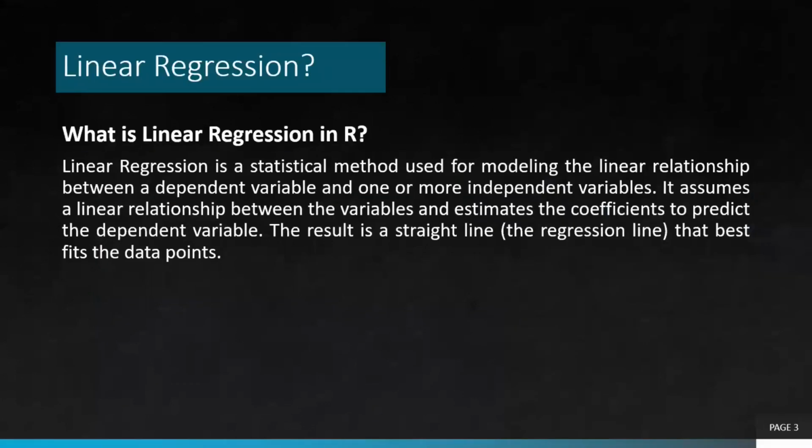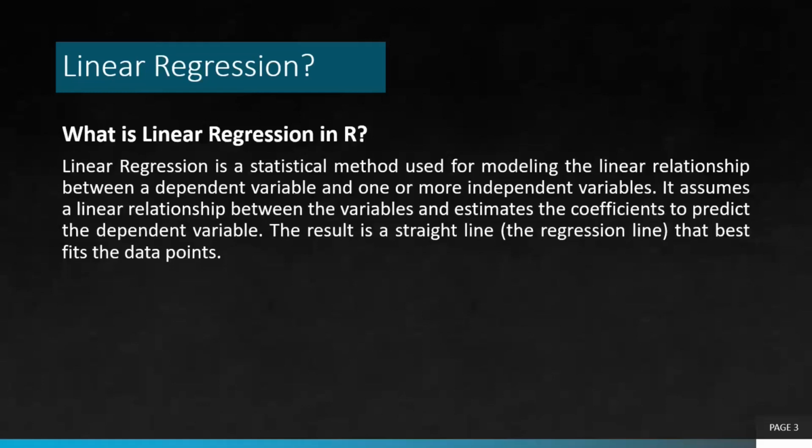So what is actually a linear regression in R? Linear regression is a statistical method used for modeling the linear relationships between a dependent variable and one or more independent variables. Now, dependent variable is the one that we are about to predict, and independent variables are those that help us in predicting the value or the class of the dependent variable.